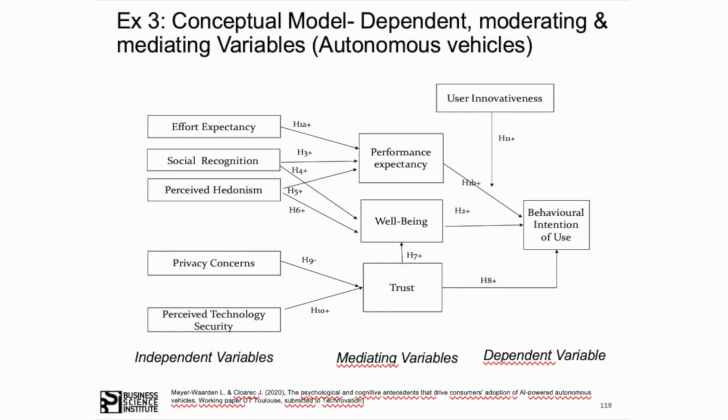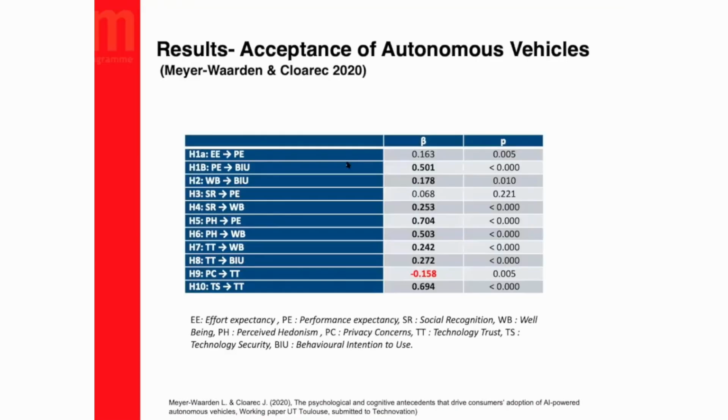And here are the results for the acceptance factors from the UTAUT acceptance model for autonomous vehicles. So you can see the different structural equation modeling coefficients. Again, in line with literature, we confirm the links coming from the UTAUT literature.